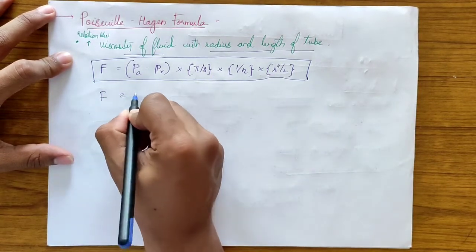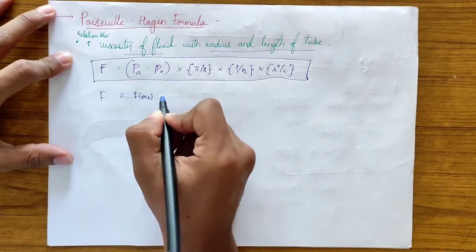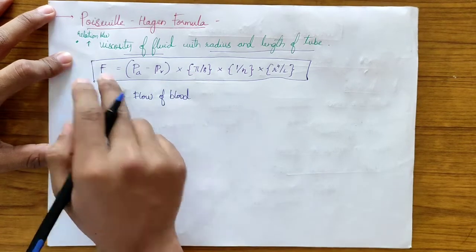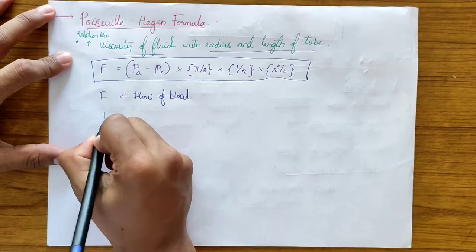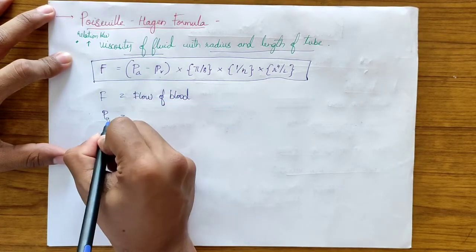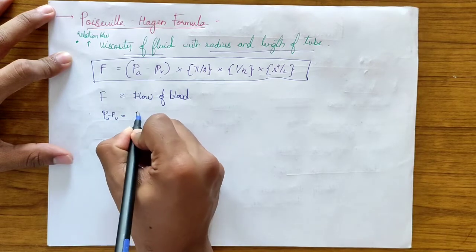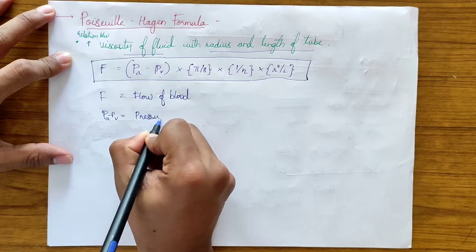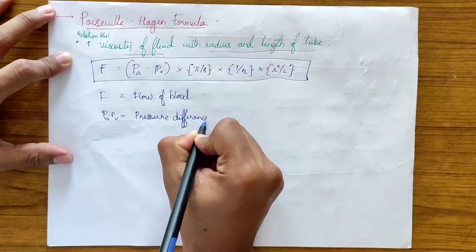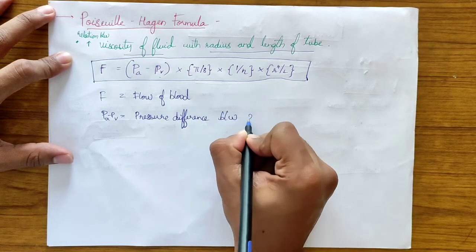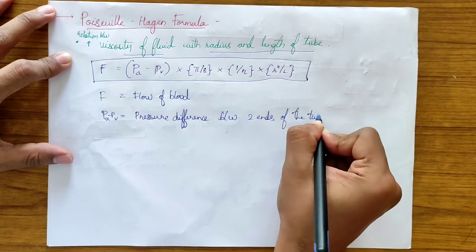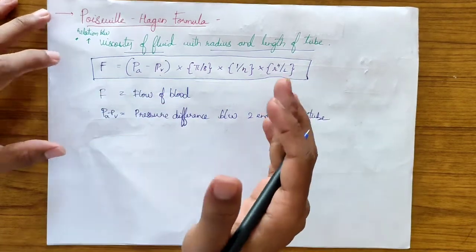So F is nothing but the flow of blood. We are calculating the flow here. P means the pressure difference between two ends of the tube, because we are calculating the relation in the tube.